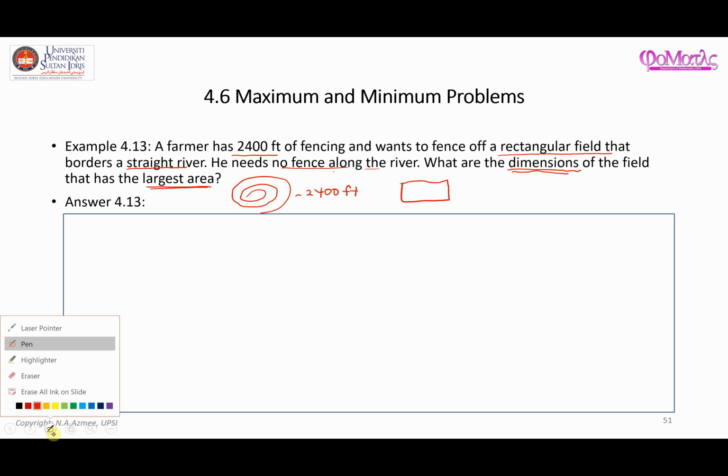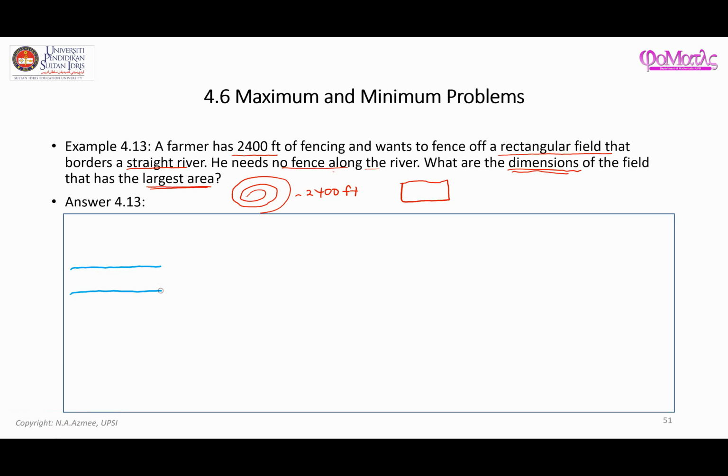Now, if you imagine this problem, it will have some sort of a straight river. This is a straight river. Okay, so this is the river. Now, he needs to fence off a rectangular field. So we are going to have a rectangular field, but he doesn't need a fence along the river.